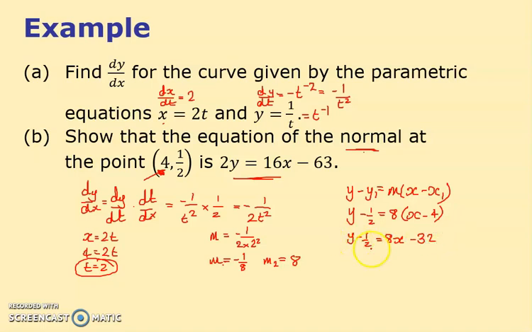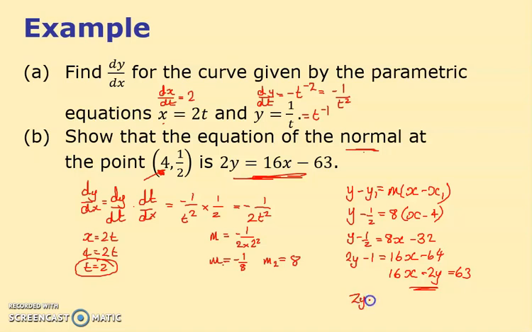I don't really like the fact that it's got a half, so I'm going to double everything. 2y minus 1 is 16x minus 64. And if I put the letters on the right, I get 16x minus 2y equals 63. And yeah, therefore I reckon I've shown that.